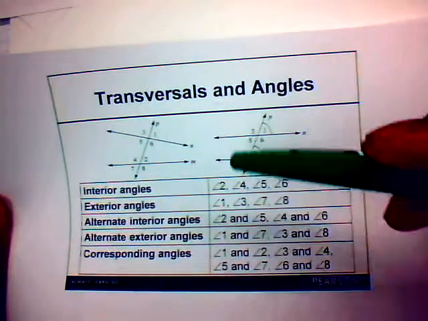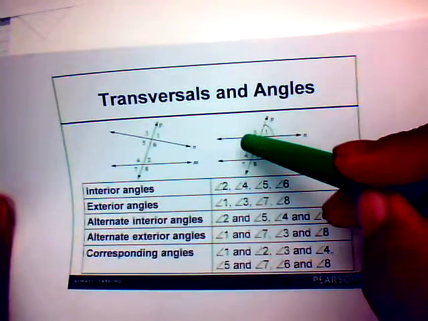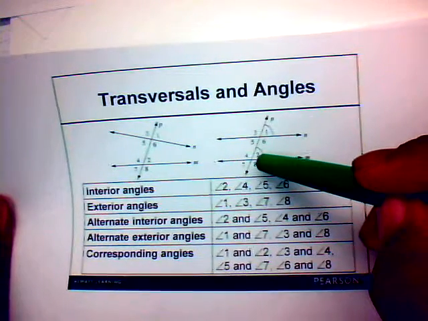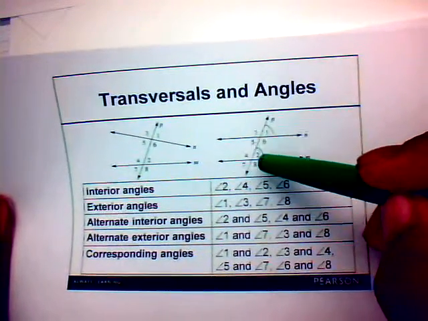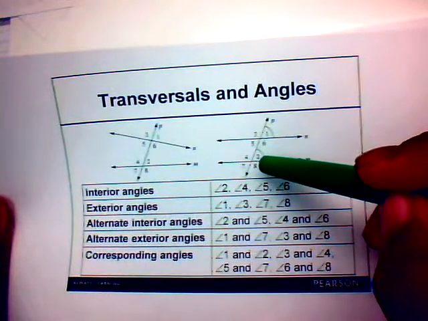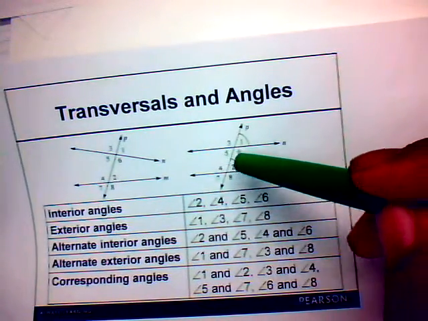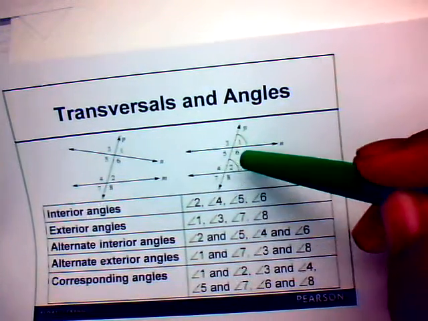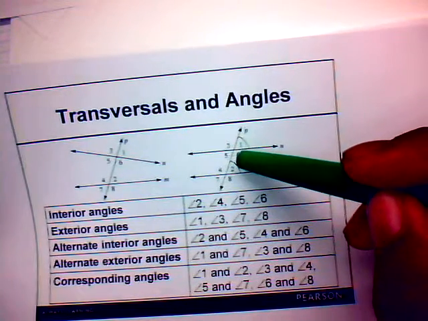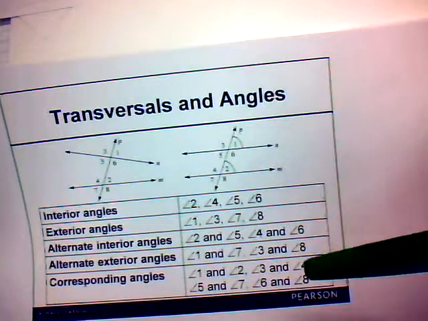Then next you have alternate interior angles. The word alternate means that these two angles are on alternating sides of the transversal and those two lines. So in this case, angle 2 and angle 5 are alternate interior angles. Also, angle 4 and angle 6 are another pair of alternate interior angles. Those angles are on alternating sides of the transversal and they're on the inside of those two lines.